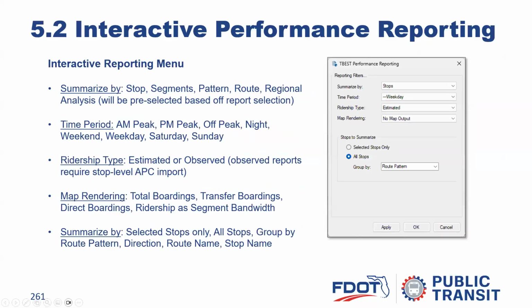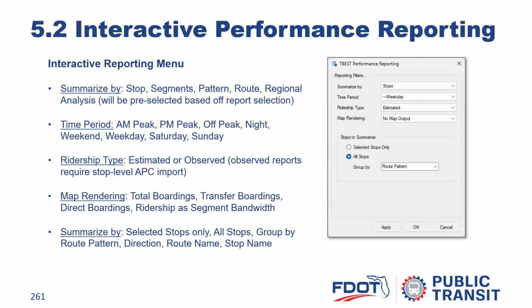All right, so this example is interactive reporting, and basically you can summarize, as we mentioned, stops, segments, patterns, routes, and regionals. The time periods can also be selected, but this is not an annualized report. It's just the time periods, the 6 T-Best time periods plus weekday aggregation.